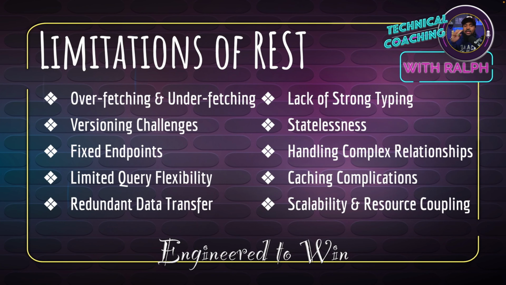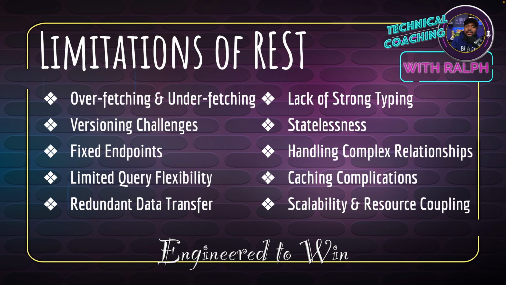All right, so what are the limitations of REST? We've been working on REST these past few weeks. However, there are some limitations which GraphQL looks to address. So overfetching and underfetching, and we'll talk more about exactly what that is later on.